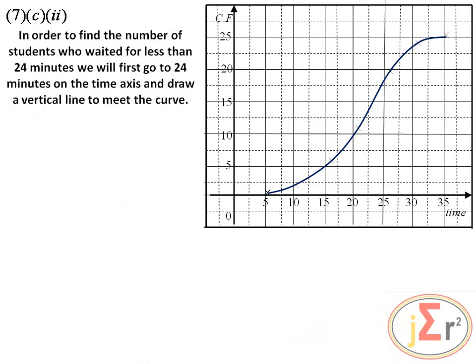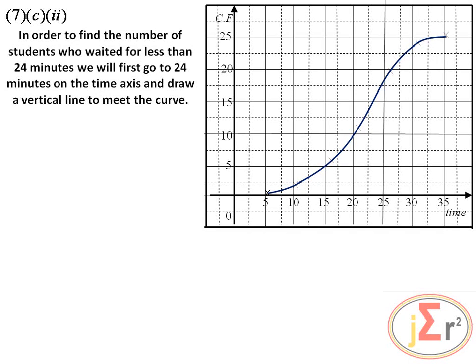In order to find the number of students who waited for less than 24 minutes, we will first go to 24 minutes on the time axis and draw a vertical line to meet the curve. So 24 minutes will be associated with a number of students that we will determine by considering the associated value on the cumulative frequency axis.